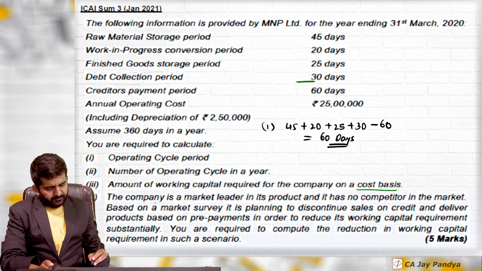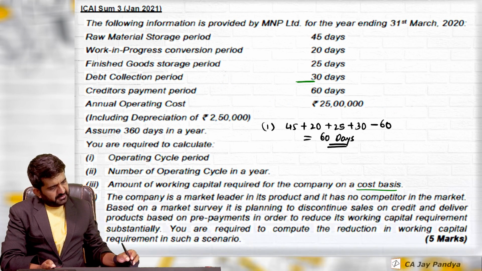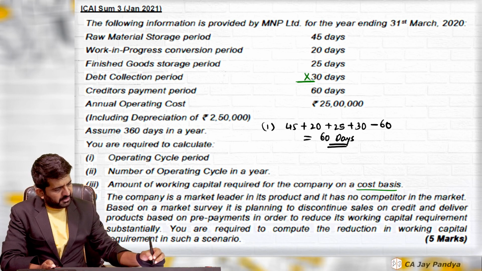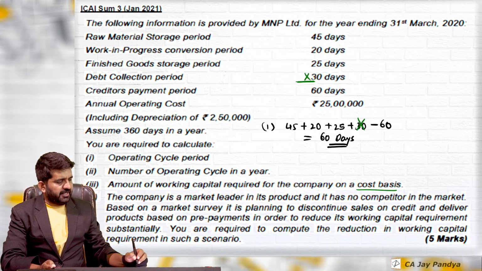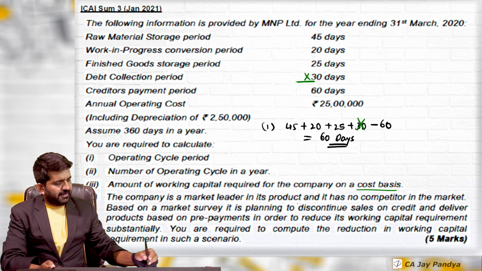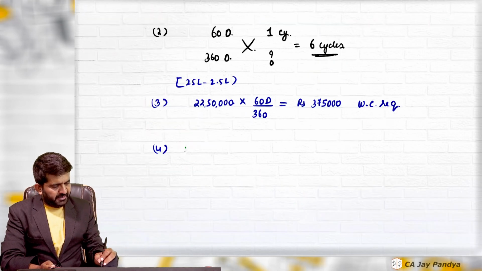Fourth one. The company is a market leader and it is trying to discontinue debt collection period, that is just 30 days. So this 30 days will be removed. Revised working capital in number of days will be 30 days.